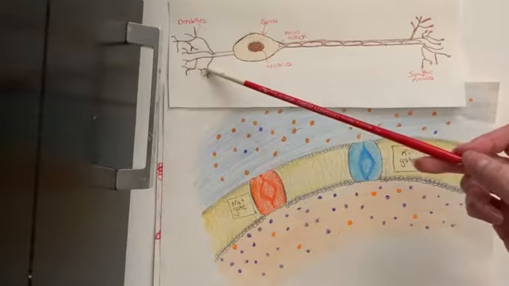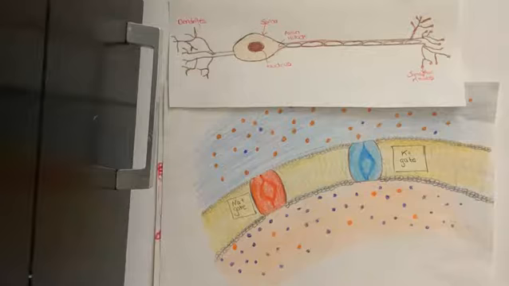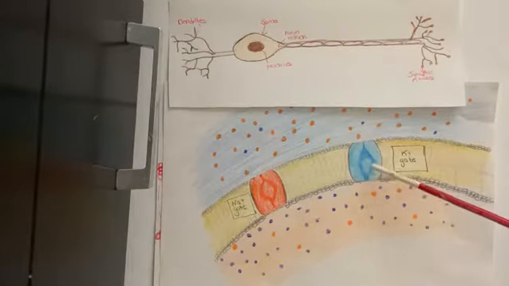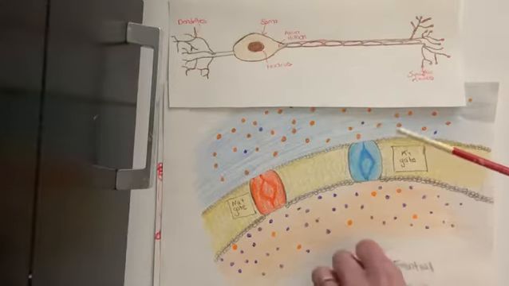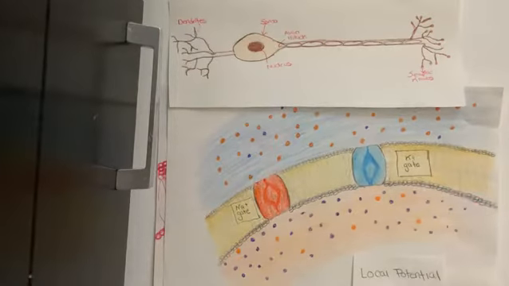Basically, when a dendrite is stimulated, the sodium gates will open. In this diagram they are closed, but they will open up, and sodium ions will diffuse into the intracellular fluid. The influx of sodium cations disrupts that -70 millivolt resting membrane potential, causing it to become more positive.